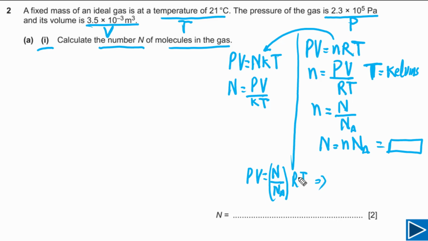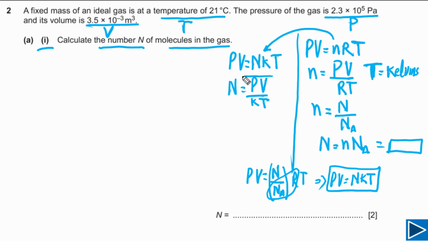From here, we can also understand that R over NA is equal to another constant. So we can now write PV is equal to N, and R divided by Avogadro's number, meaning gas constant divided by NA, is equal to the Boltzmann constant. So simply we can write here PV is equal to NkT. This is how you can convert this equation into this one.